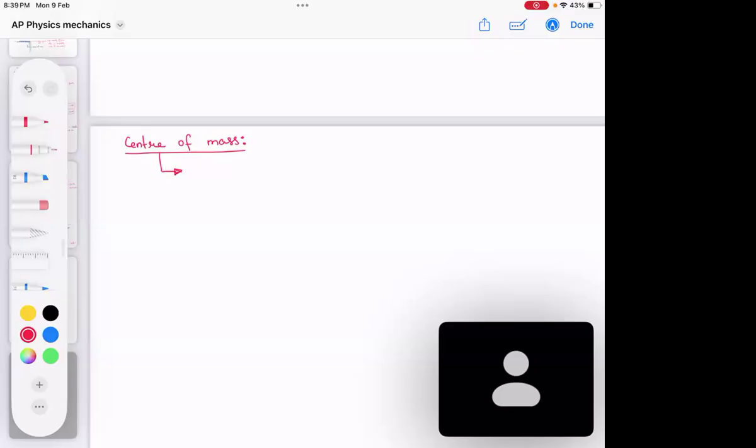It's just a point which helps us do the calculation easily. It doesn't mean that the center of mass is a point where all the mass is actually present. Understand the difference between the two points?